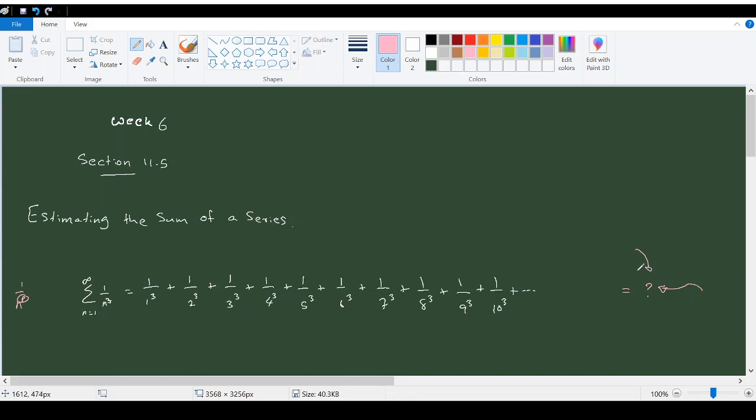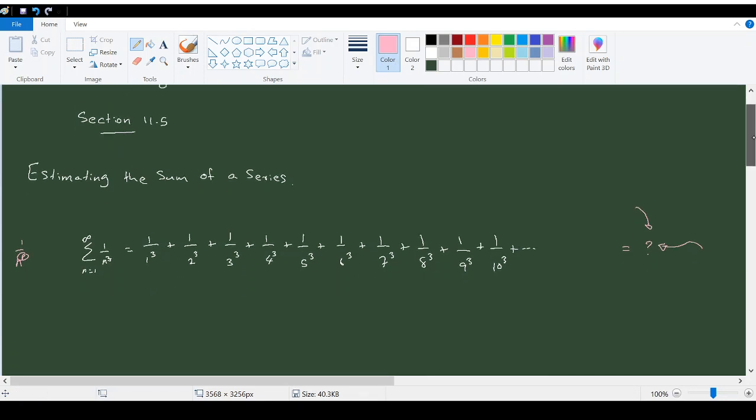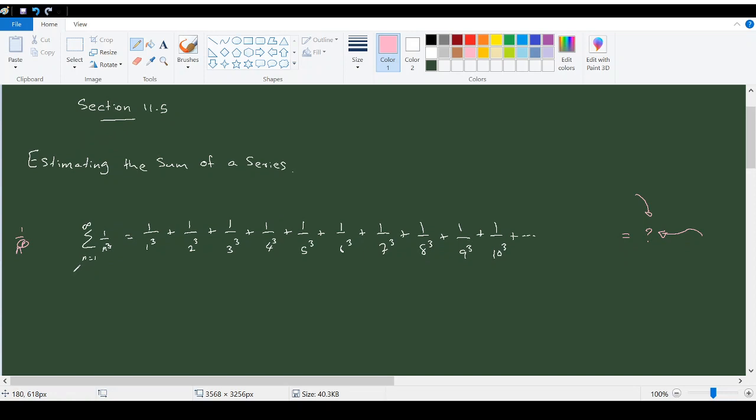So what we do is we use some techniques of approximation. When we consider this series, if you add only one term, that is S1, it gives a certain value.